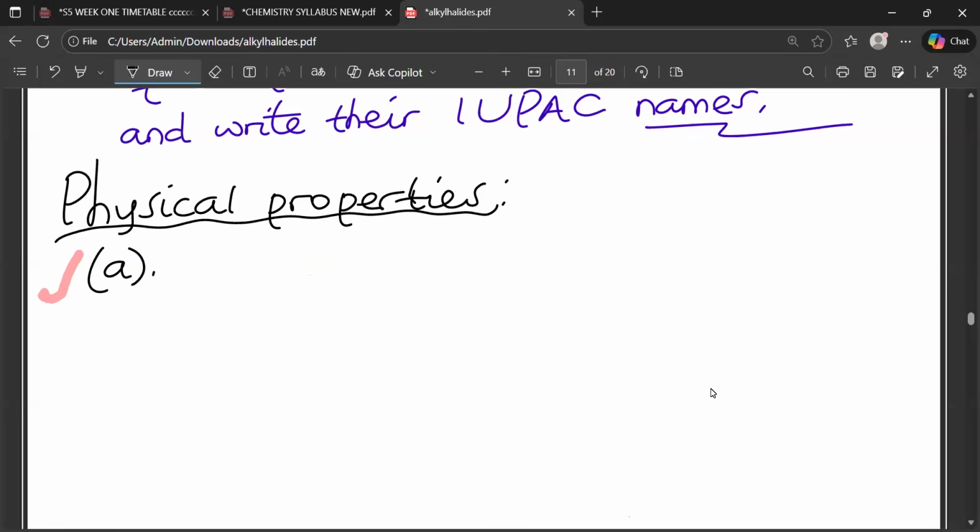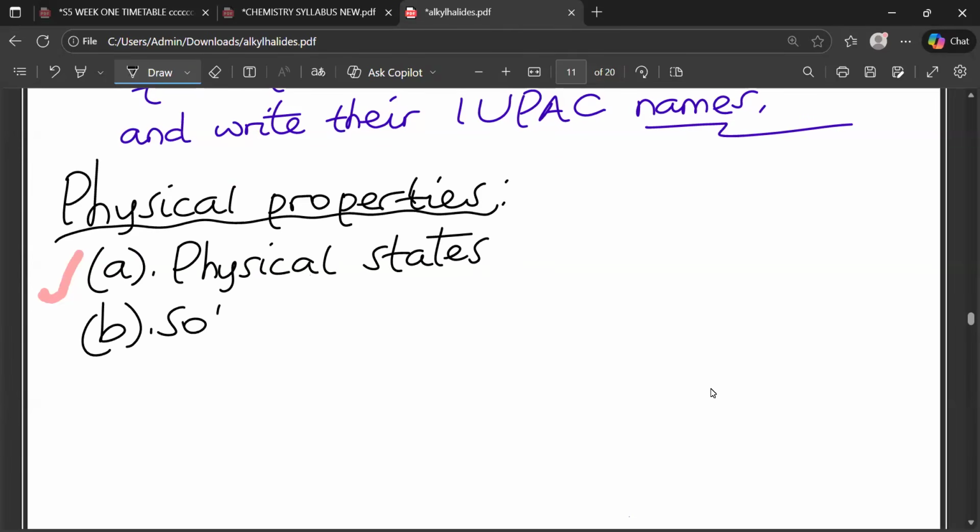They never change. We talk of the physical state, the solubility, boiling and melting points, the density. You can make your own notes concerning the physical states. You can even use the internet. These ones are not so serious.